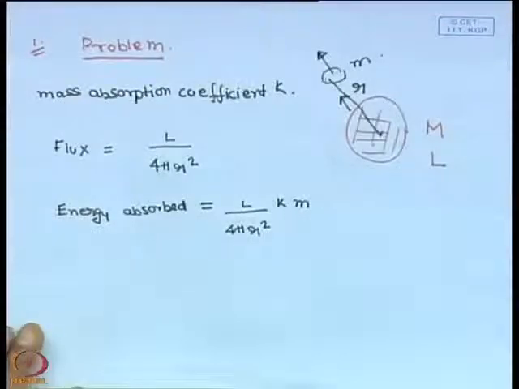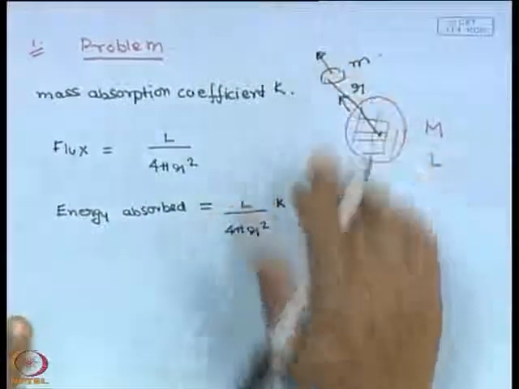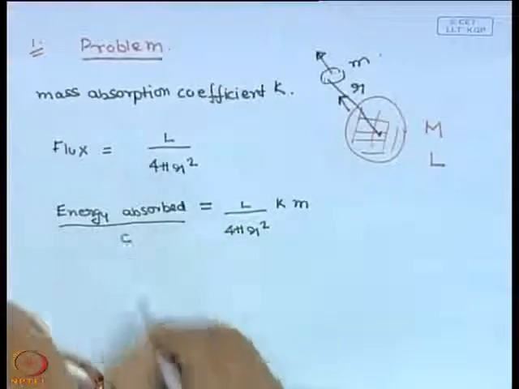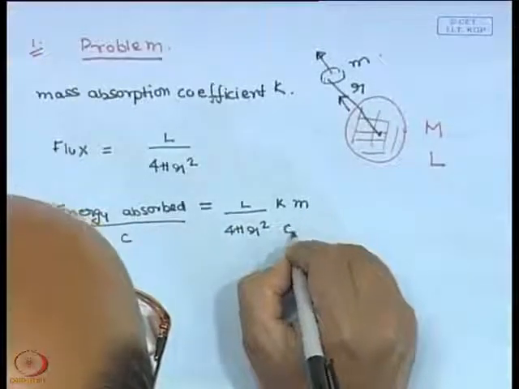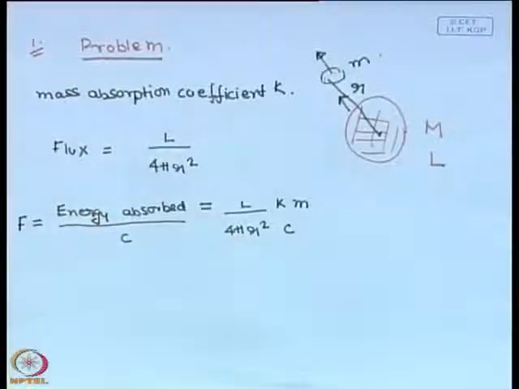And that is the energy; for the rate at which momentum is absorbed, we have to divide this by c, and this will give us the force, because that is the rate at which momentum is absorbed, and the rate of transfer of momentum is the force.